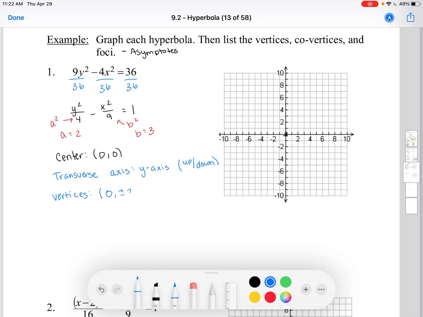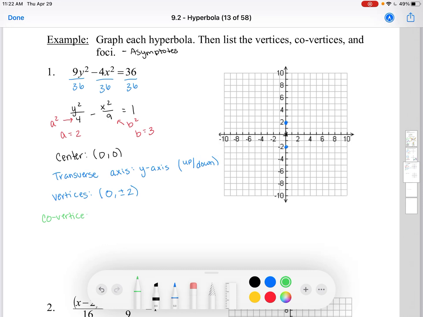It's going to be 0, comma, plus or minus 2. 0 being at the origin, plus or minus 2 tells me to go up 2, down 2. Those are going to be my vertices of the hyperbola.